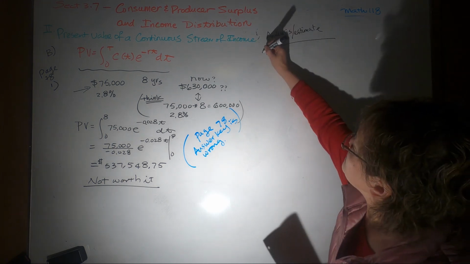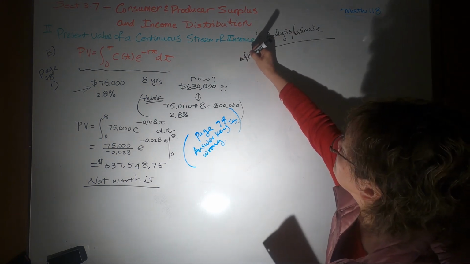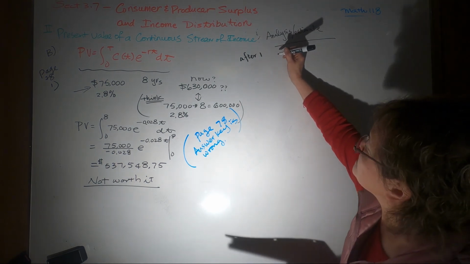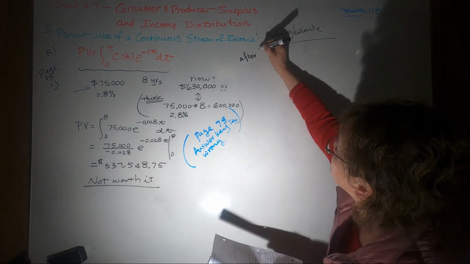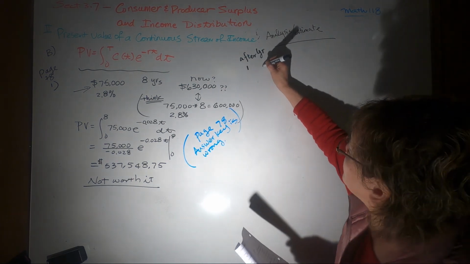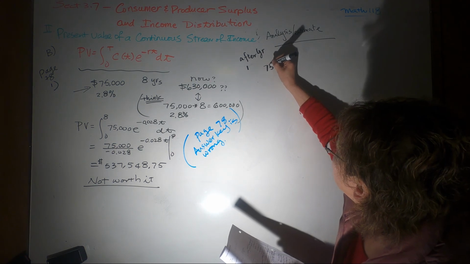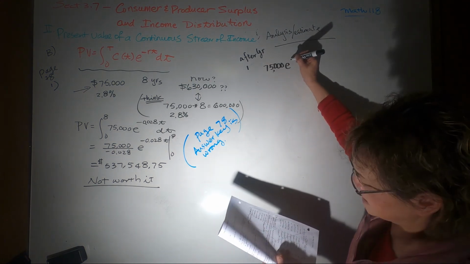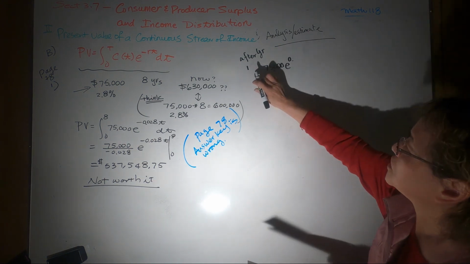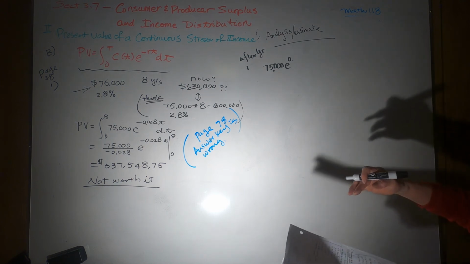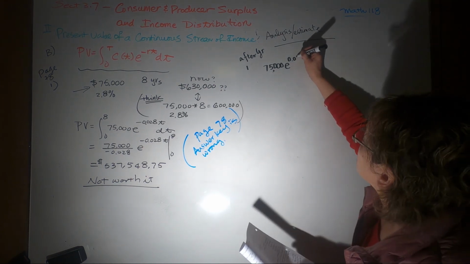So say after a year, I have $75,000. Then from after the first year till the 8th year, I have 7 years to accumulate the interest.